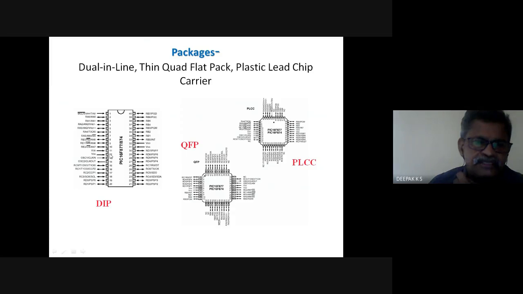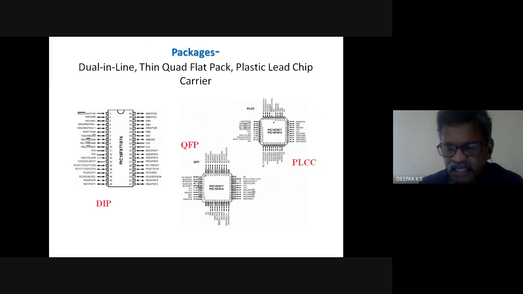This format is the dual in line. Quad flat package is this one. So it depends on how your product is designed, how your PCB layout is, how you want to make this product. You would consider all this.